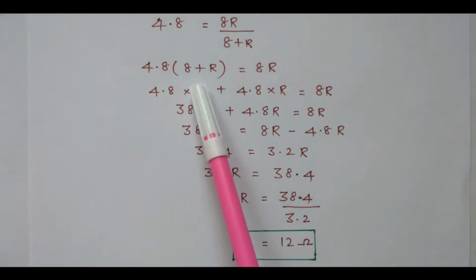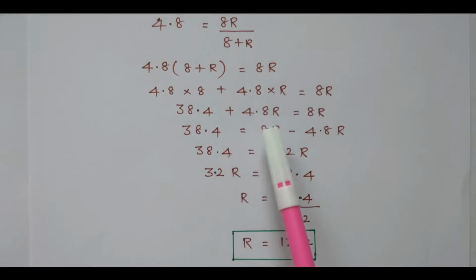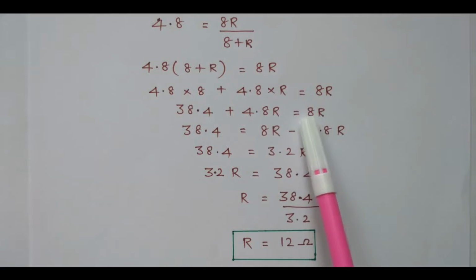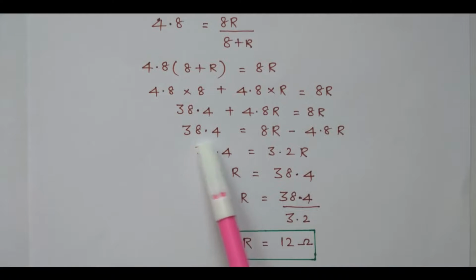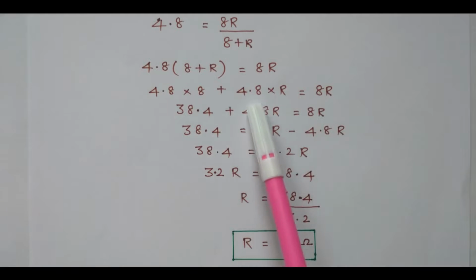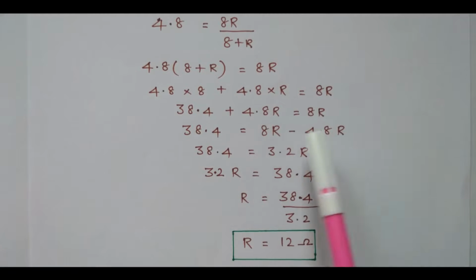So 4.8 into 8 is 38.4, plus 4.8R equal to 8R. Bring this 4.8R to the right hand side, so 8R minus 4.8R, while going this side it becomes minus. So 38.4 equal to 8 minus 4.8, which is 3.2R.